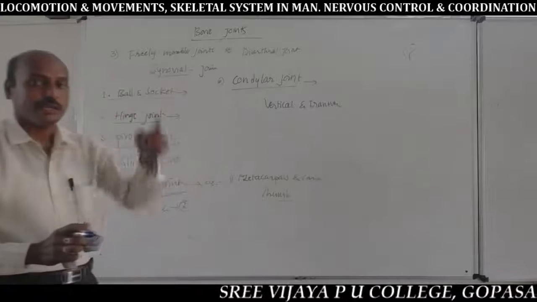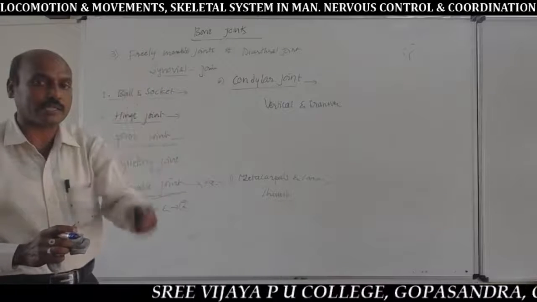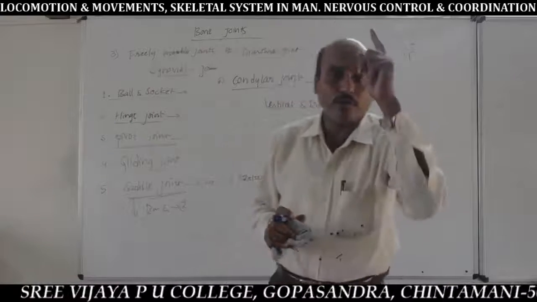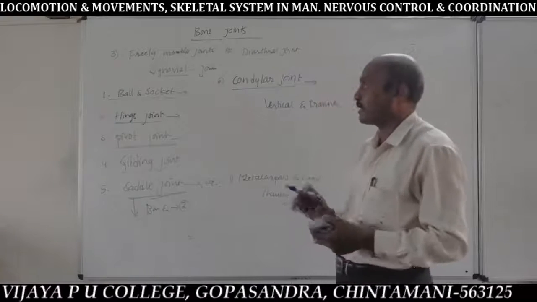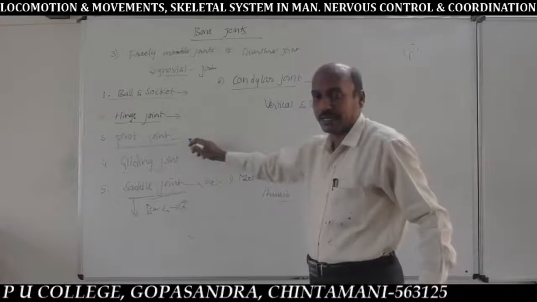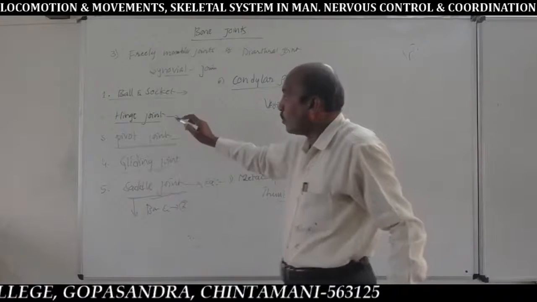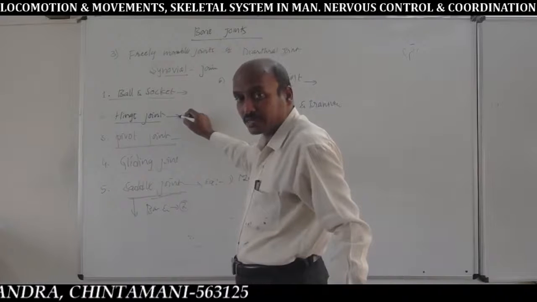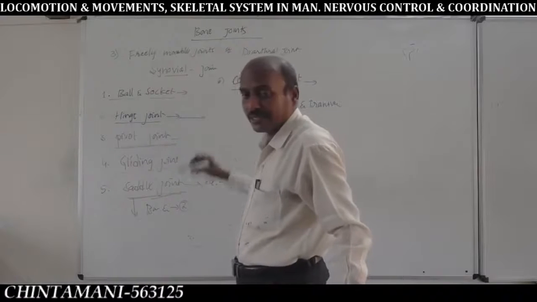Movement in only one vertical axis plane is the pivot joint. Only in the transverse plane is the hinge joint.